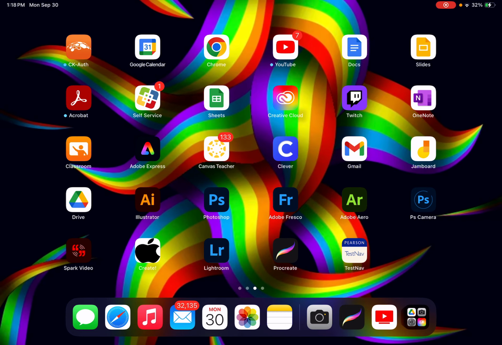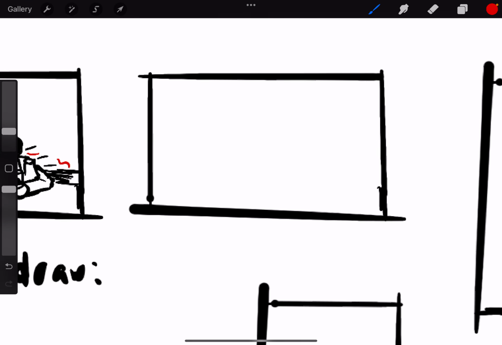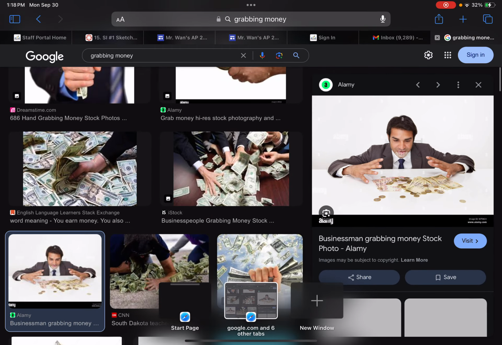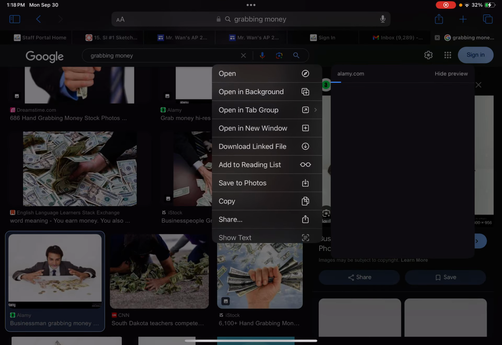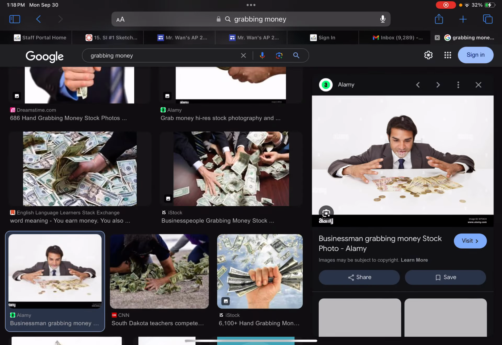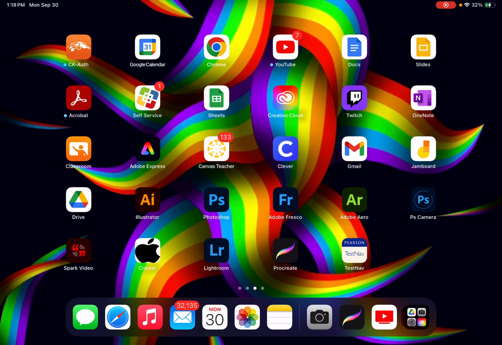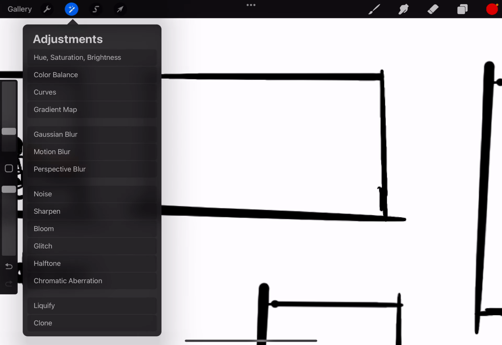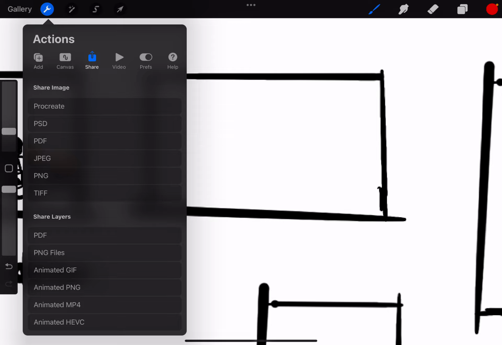Like do another sketch idea. So maybe let me save that image. So feel free to save these images. So I like looking at images when I do thumbnails. Adjustments.